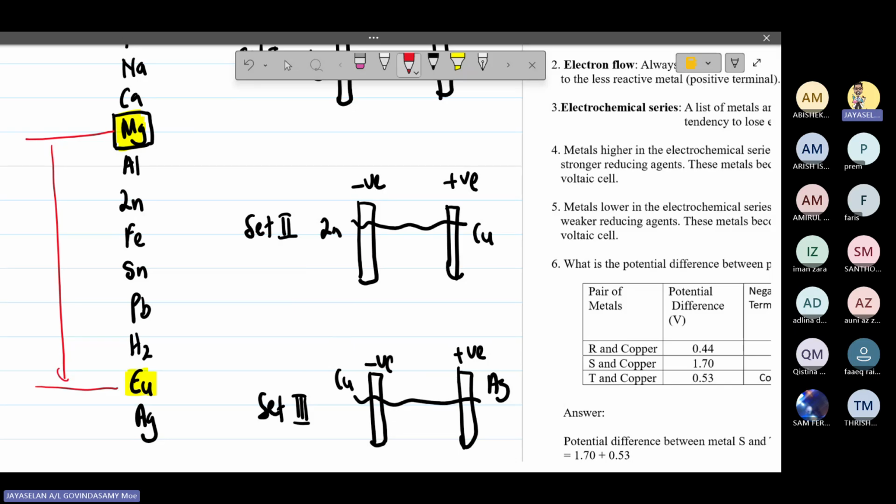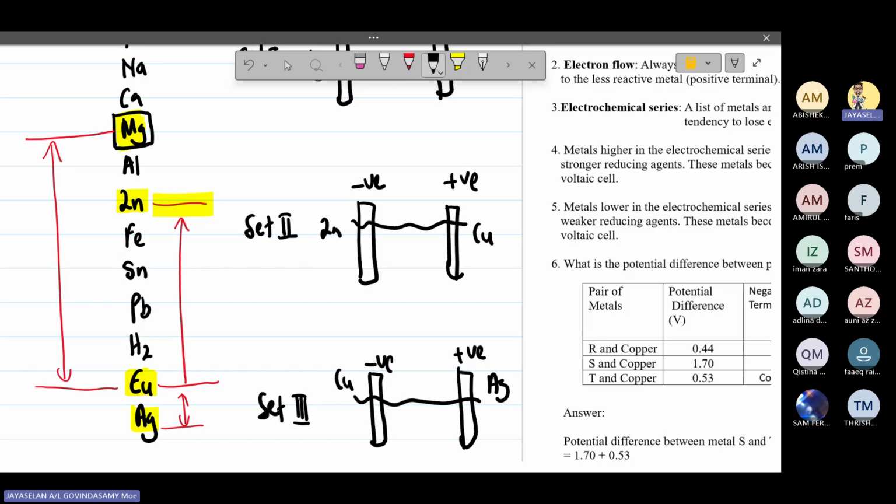The distance between the pair of metal, sangat jauh, further apart. And set 2 pula dia ambil zinc and copper. So dia punya jarak dekat sikit. Set 3 pula lagilah dekat.